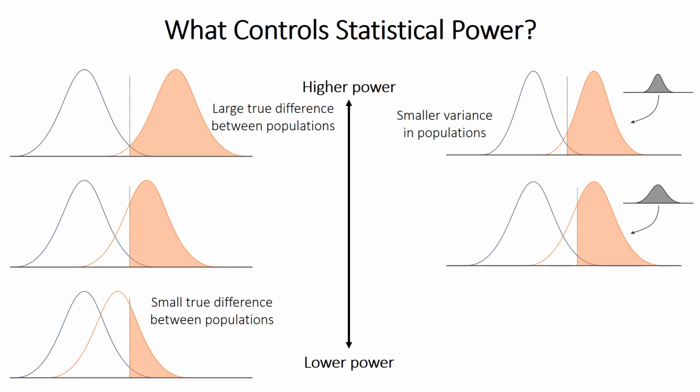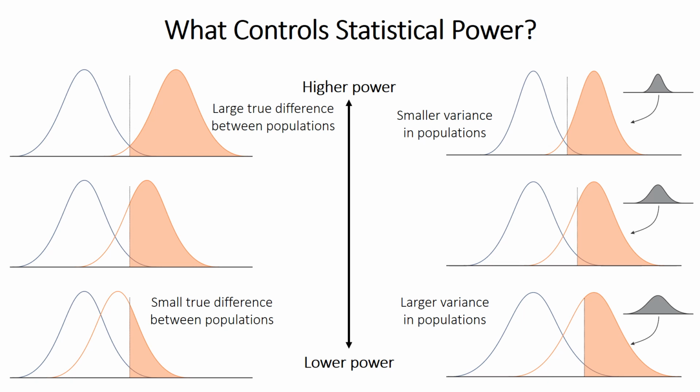When the true population has low variability, statistical power will be higher because our random samples are going to be more likely to be closer to that true mean. But if the population is more variable, the distribution of sample means from that population will also be more variable, and it'll be harder to recognize this difference, so we'll have lower power.